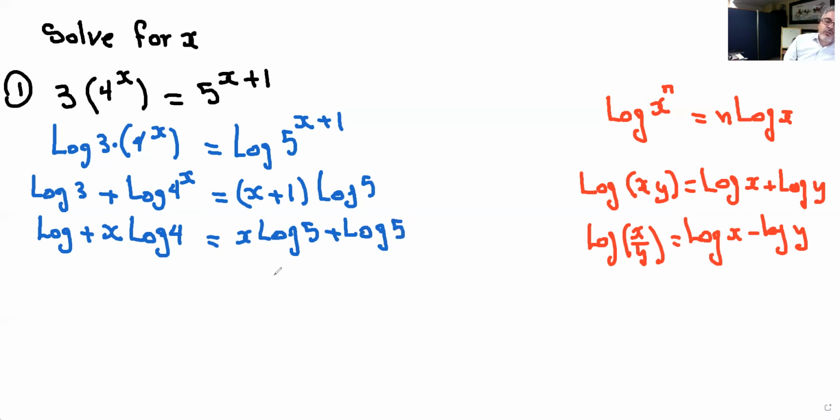The step after this is to bring everything that has x's together. So you have to bring the x log 5 to this side, and bring the log 3 to the other side. And remember, when I move things to the other side of the equal sign, I have to change the sign.